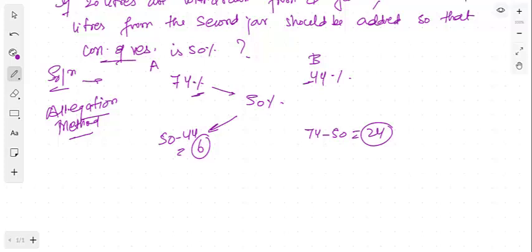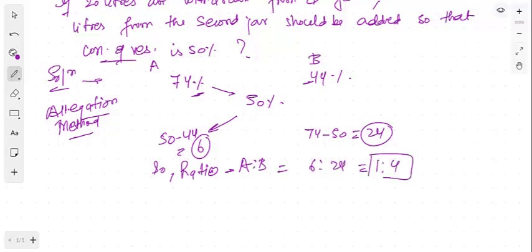That's it. So the ratio A is to B is equal to 6 is to 24, which is equal to 1 is to 4. Whatever values you have at the end must be in this ratio. It is given that 20 liters is withdrawn from the first jar. So how much should be added to the second jar to keep the concentration 50%?